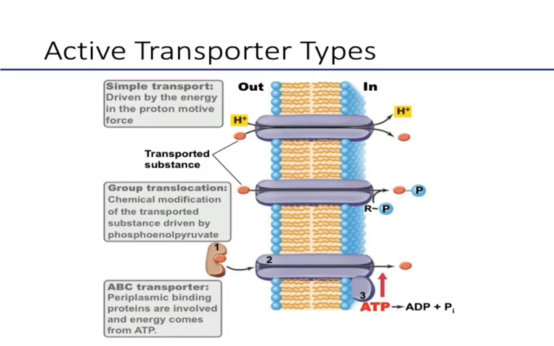In this one, hydrogen ions are going with their concentration gradient, and that energy that's generated is coupled with another molecule going against its concentration gradient to bring it into the cell. Here's an example of a glucose transporter where phosphoenolpyruvate, right? Okay, it did come into play today. The high energy phosphate gets transferred to the glucose molecule, thereby locking it into the cell.